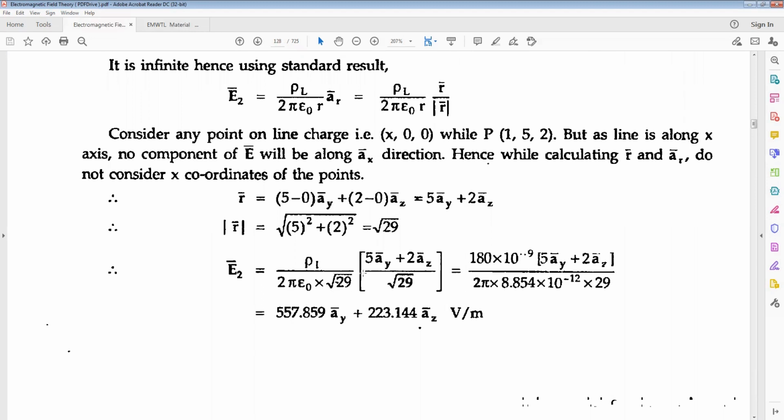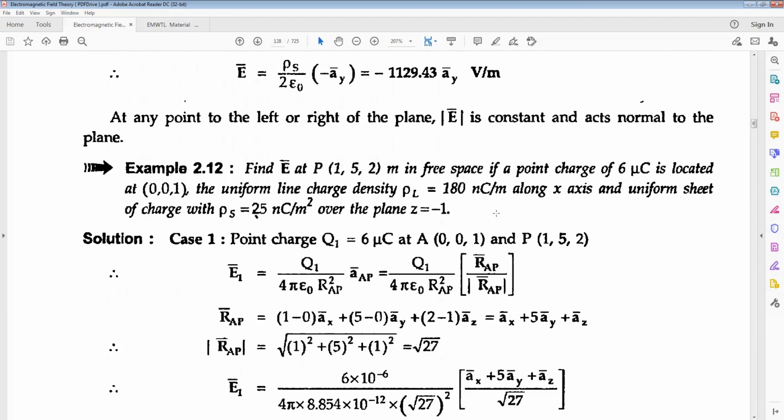Here we are not placing the whole square because it is not the R square distance, it is a small r, for an infinite line charge. So under root of 29, and the AR bar also has under root of 29. Simplify, and you get only the AY bar coefficient and the AZ bar coefficient. We do not have the AX bar coefficient since the charge is distributed along the x-axis.